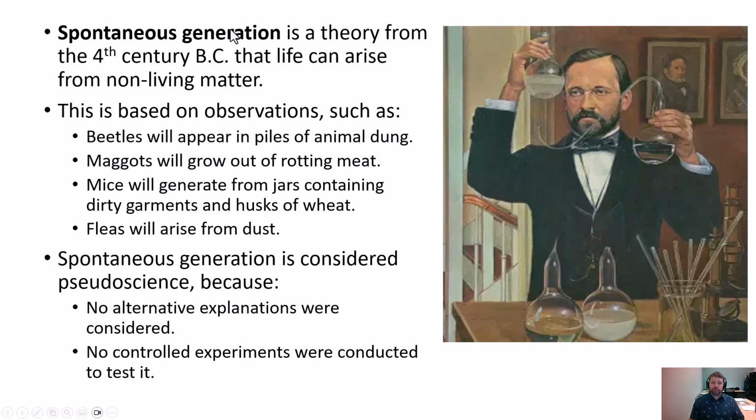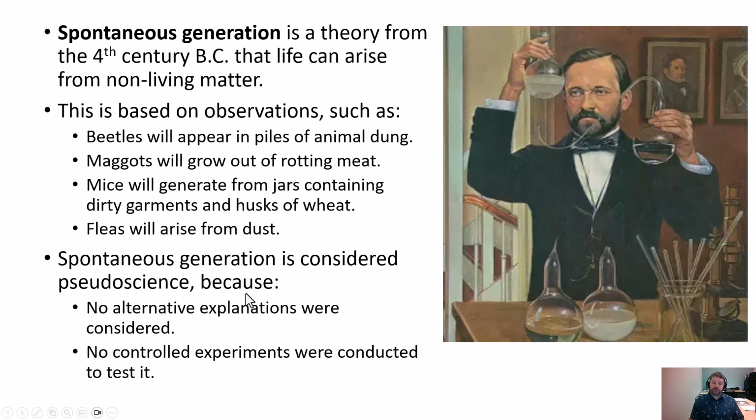And so once Pasteur in the mid-1800s developed his research, we start to see less talk about spontaneous generation and more talk about the germ theory, or the theory of how diseases are passed, and that's due to scientific research.